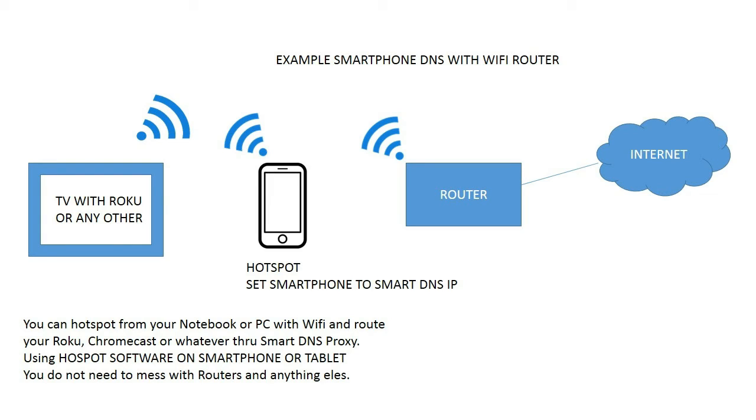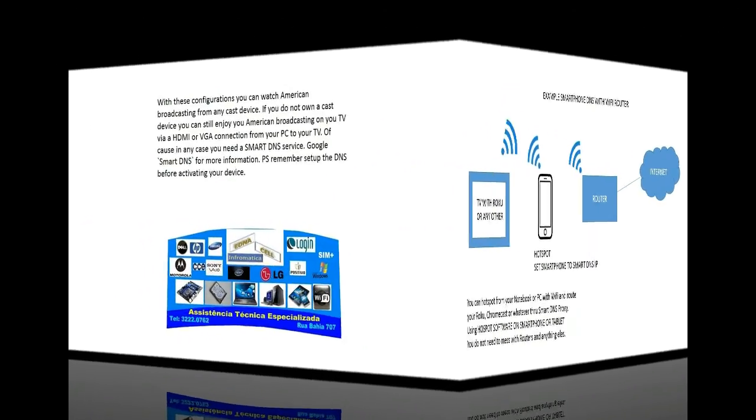One service is the Smart DNS service, which I am using, but there are others, and that will finalize this tutorial. And the main thing is that you do your setup of your cast equipment after you set up the DNS server, and everything will be registered in the USA, so you can get your channels.